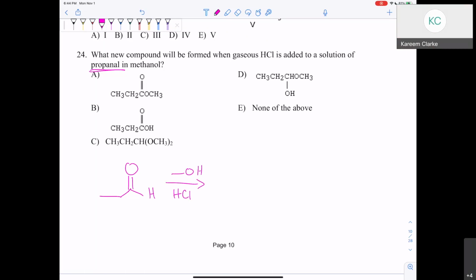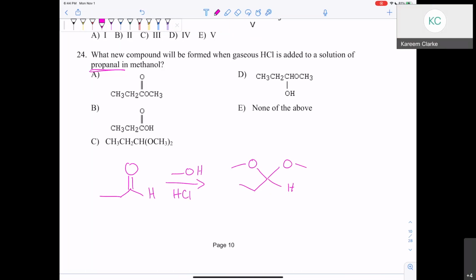Because it's in acid, we're going to add two OR groups. So that's going to replace the double-bonded carbonyl oxygen. Cool. So we're going to replace it with two OR groups.